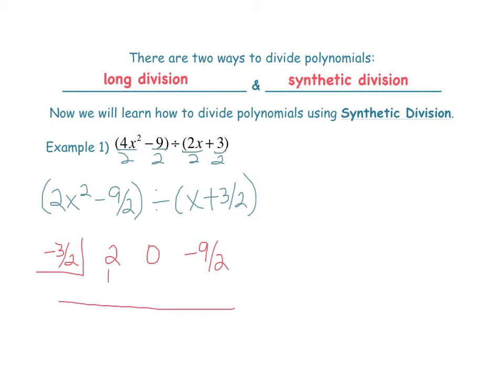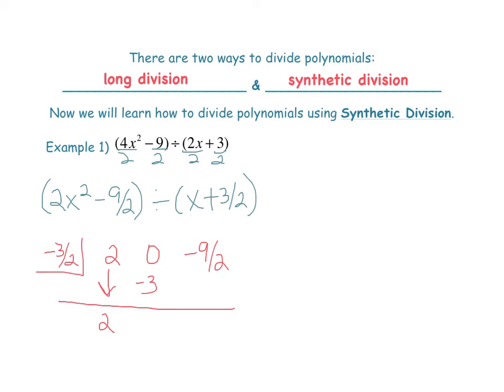Now, bring the first coefficient, which in this case is 2, down to just below the red line. Now you're going to multiply the negative 3 halves times this number below the line. So negative 3 halves times 2 is negative 6 halves, and negative 6 halves reduces to negative 3.